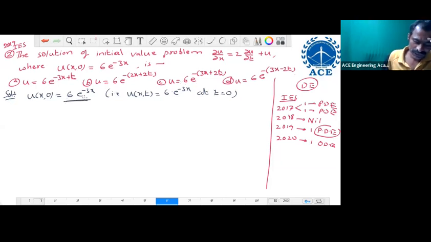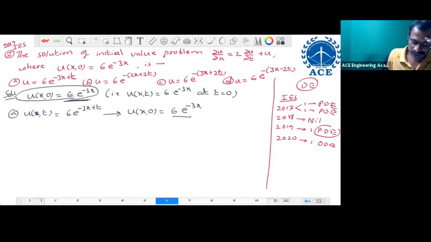First option, u(x, t) = 6e^(-3x+t). If you substitute t equal to 0, this becomes u(x, 0) = 6e^(-3x). This is the same as our given condition. That is, the condition is satisfied with option A. Whenever the condition is satisfied with option A, this may be correct.